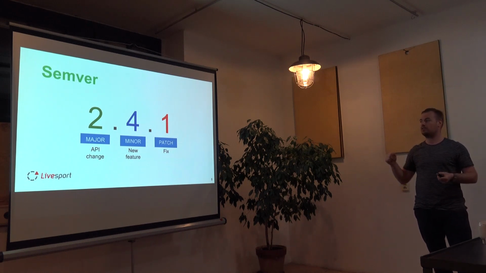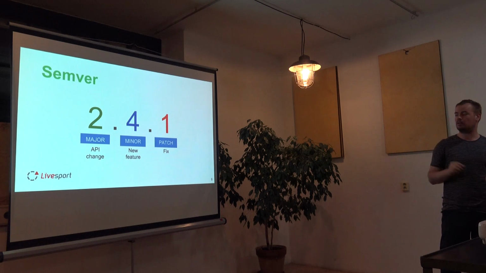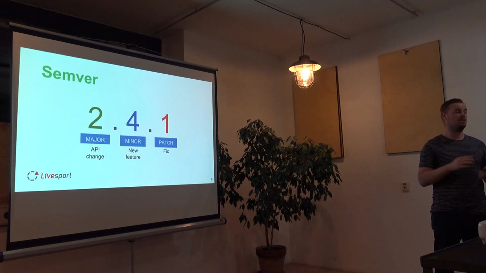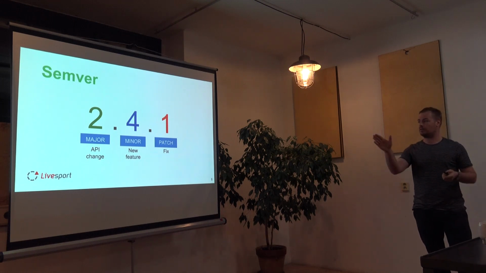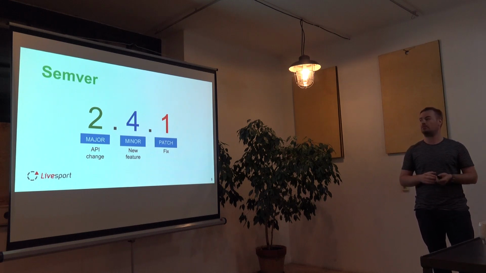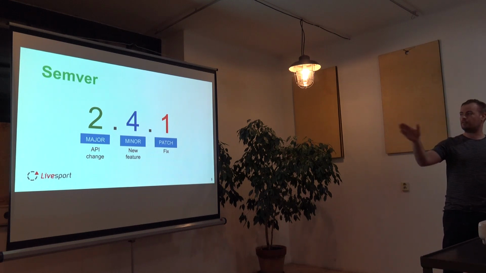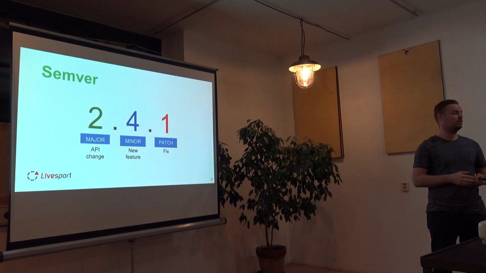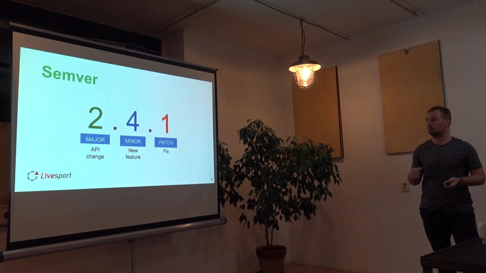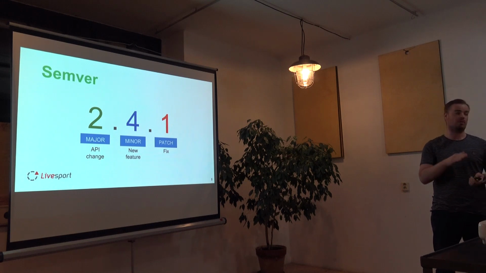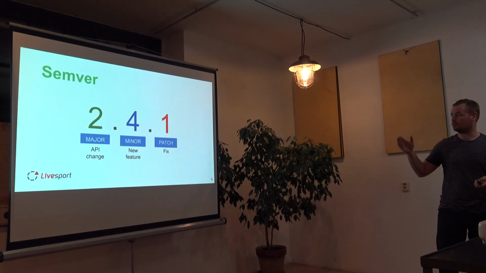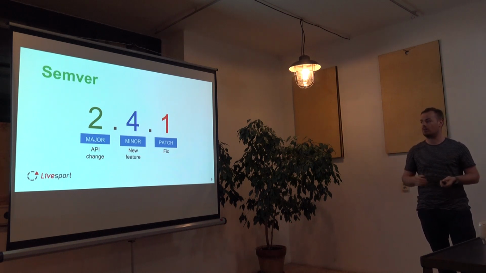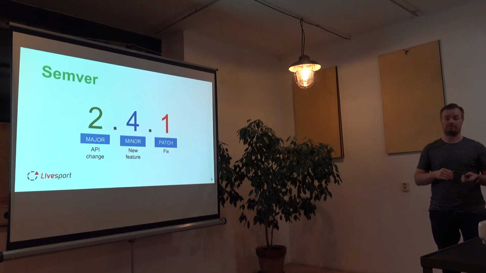The last one shows it's only a small change in the software. The first one tells you it's a huge change. Going from right to left, it tells you how possible it is for the update to break your code. For example, if you're upgrading major version 1 to 2, it's possible that your code will break. If you're upgrading a minor version, it's possible that your code will not break.